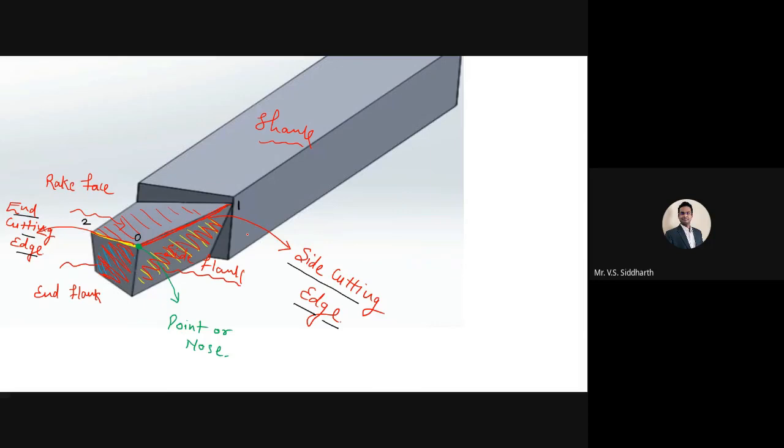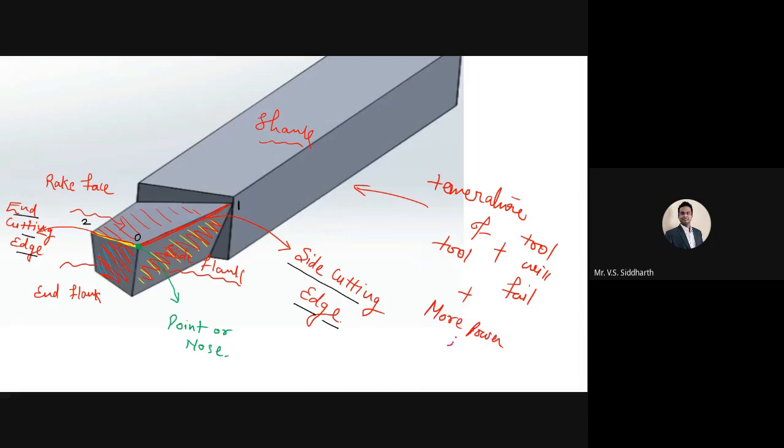Rubbing will increase, friction will increase, and then two things will happen. One is the temperature of the tool will increase. Due to that increase in temperature, the tool will fail. And since the friction has increased, more power is required.